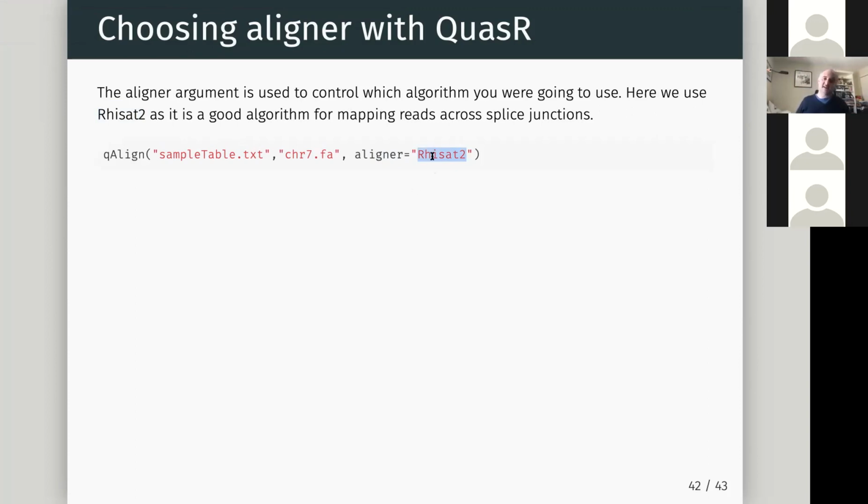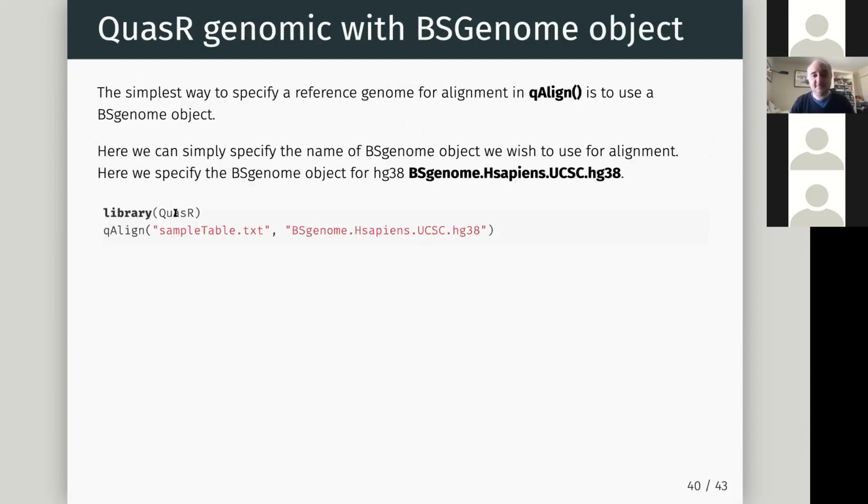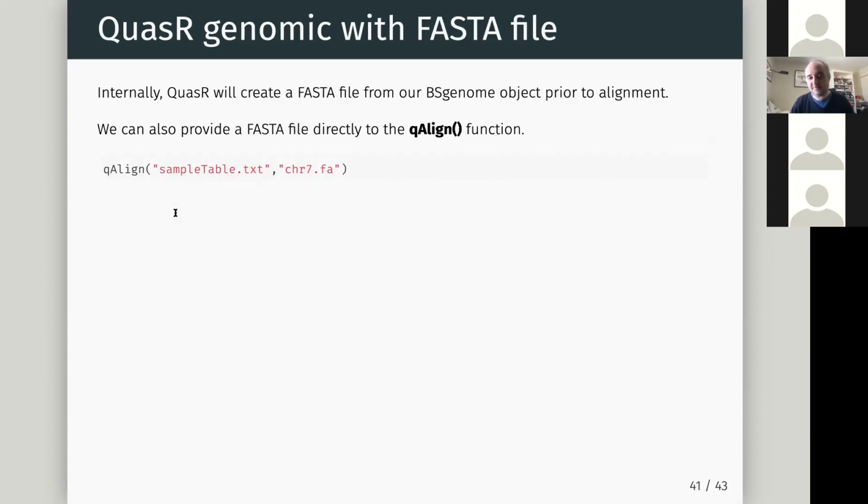And I can tell you that is just a copy of the same program you would run on the command line. This really nice Rhisat2 aligner is just built into an R package, which means it's easy for you to install at the same time you install the R package, right? You don't need to worry about all these dependencies the tool may require. The installation of QuasR is going to take care of that for you.